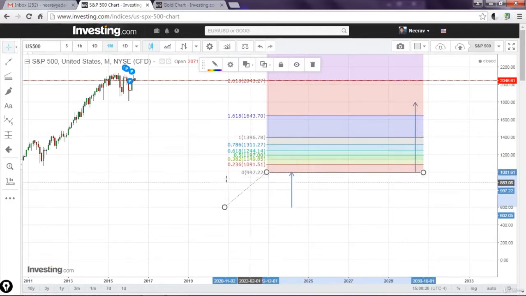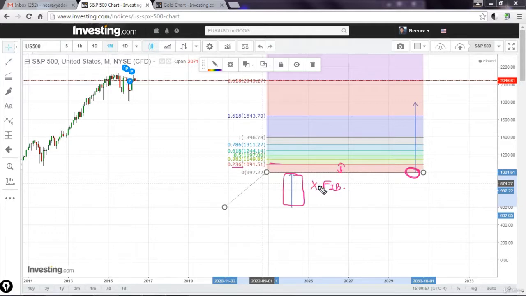Once again I would like to explain that we have first calculated this length, multiplied it with Fib ratios or multiples, whatever you would like to say, and these ratios are then projected from the starting point of wave 3, or this point. So what we are getting is this: the length of wave 1 multiplied by 0.236 is this much, to be precise.